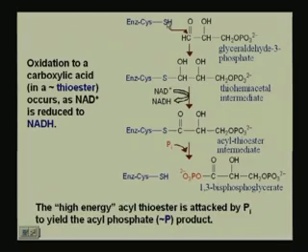Now what is happening here, this SH creates a thiohemiacetal intermediate by reacting with the aldehyde of the glyceraldehyde 3-phosphate. Okay. So this is our glyceraldehyde. So this is carbon number 1, carbon number 2, carbon number 3. Because now remember, we have broken down our glucose into a 3-carbon system.